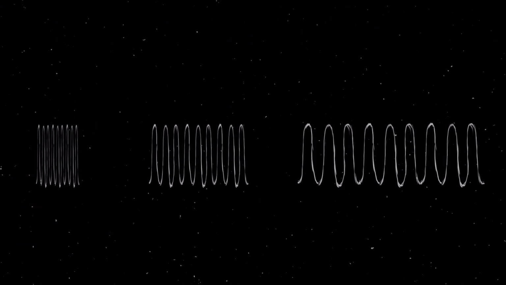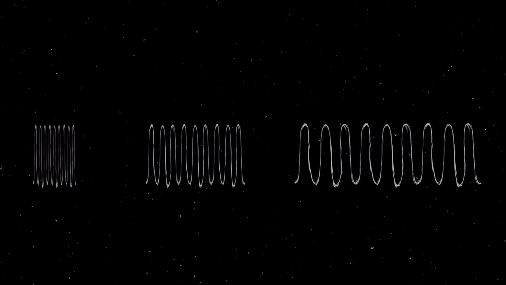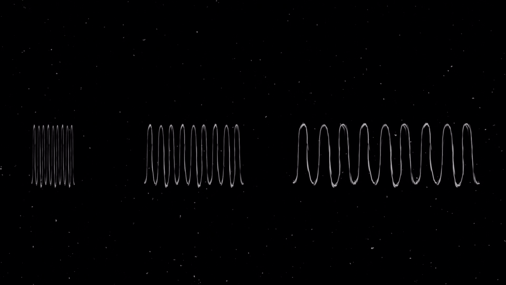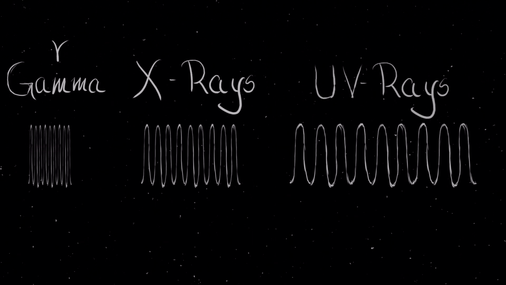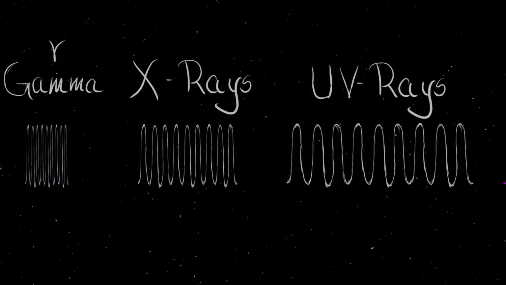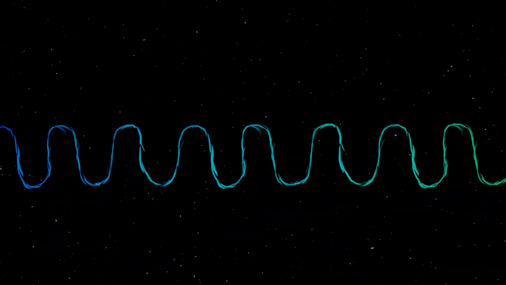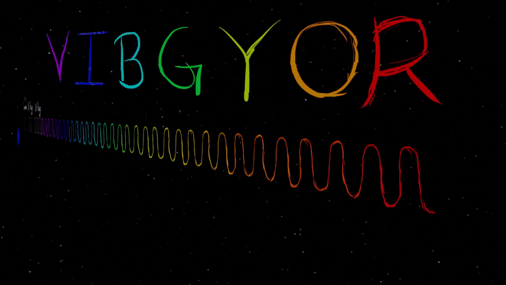Now, electrons can actually oscillate at different frequencies, and this corresponds to different wavelengths. Based on these frequencies or wavelengths, we categorize the electromagnetic waves into different types. The shortest wavelengths form gamma rays, then comes the X-rays, then the ultraviolet rays, followed by visible light in the order violet, indigo, blue, green, yellow, orange, red, or VIBGYOR for short.